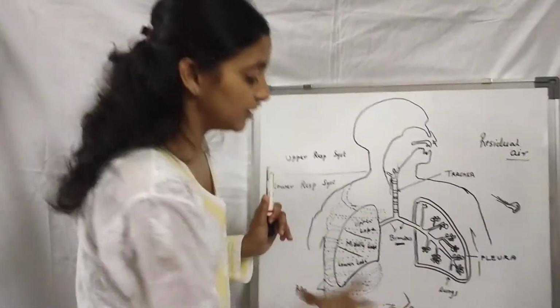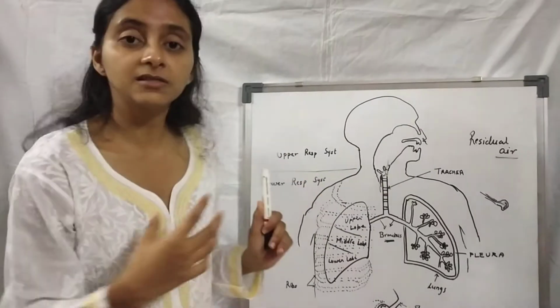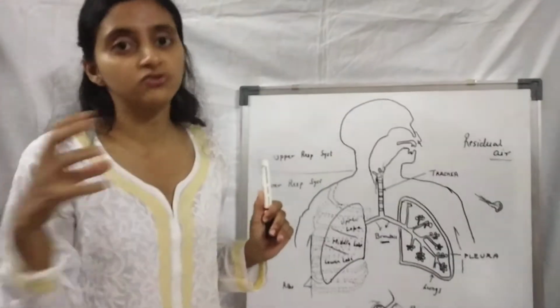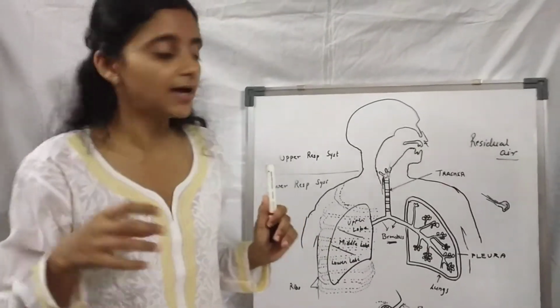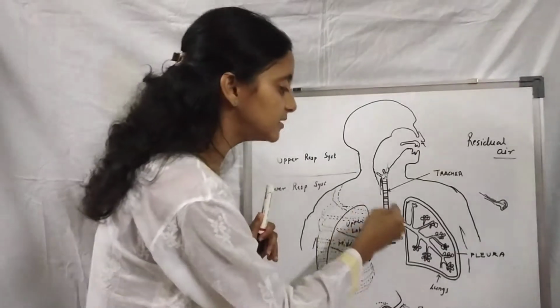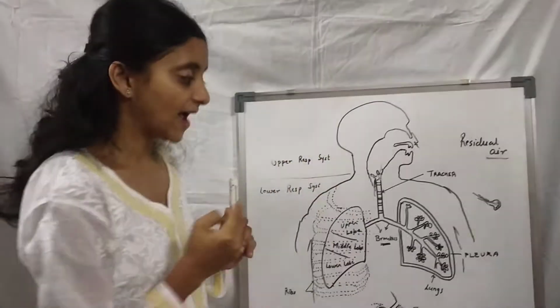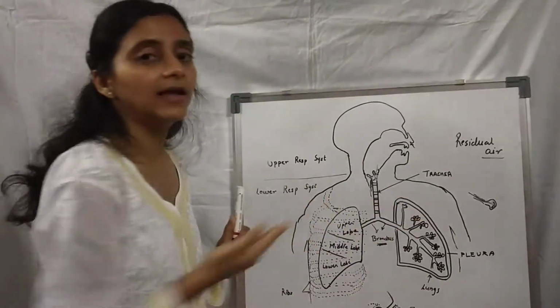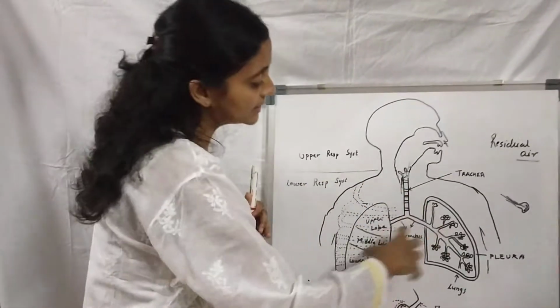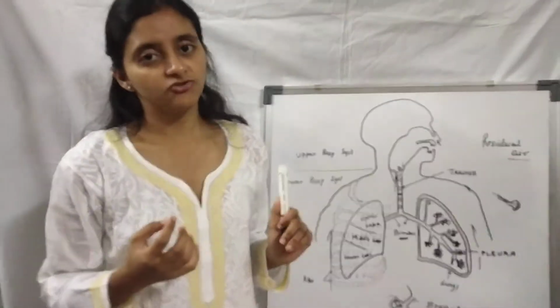That also is one of the reasons for pneumonias, where there is a lot of mucus trapped inside the alveoli, and not only in the alveoli but in the entire respiratory tract, and that makes it difficult for the air to go in. So clearing that is also extremely important.